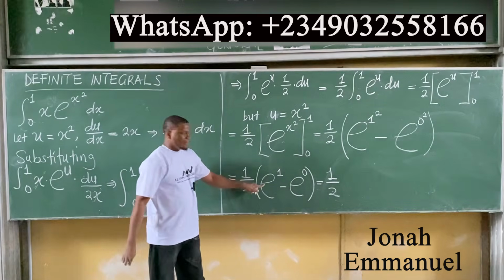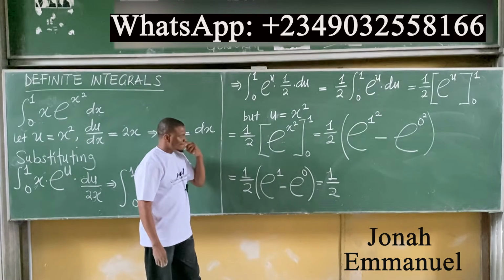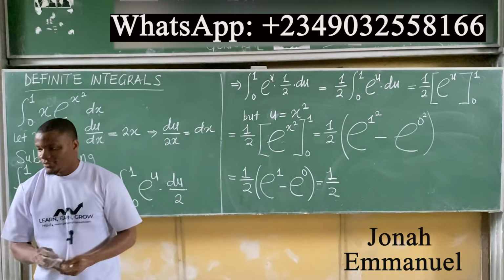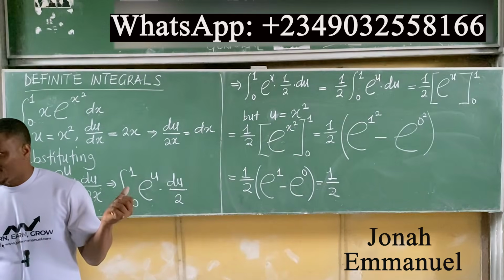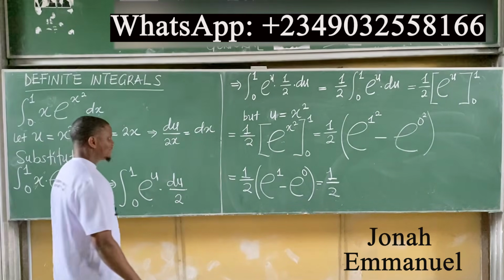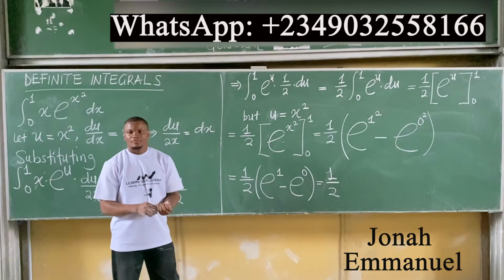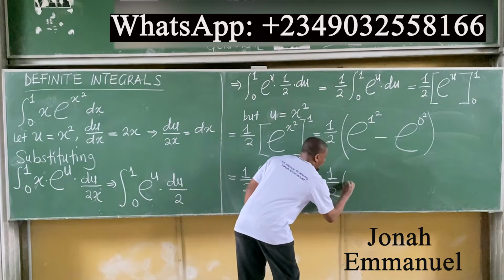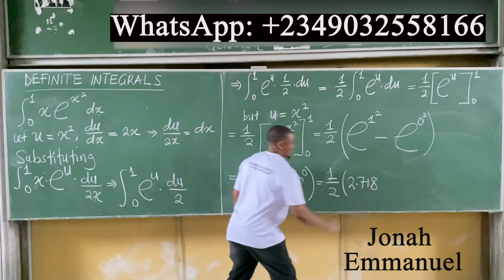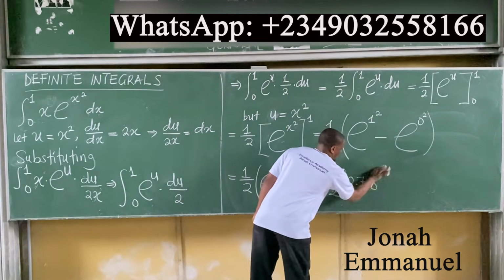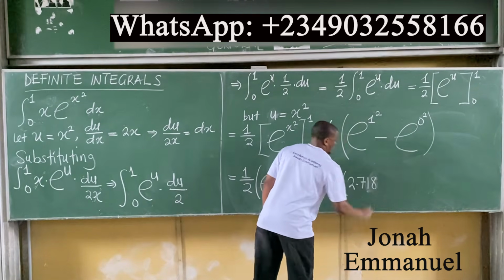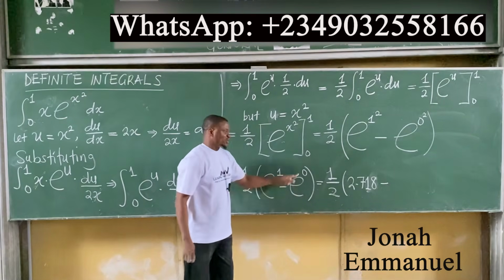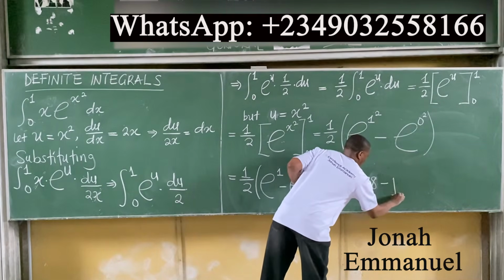This is equal to 1/2. Please punch in exponential 1. What do you have? Hope you can punch this. Give me 4 dp. 2.718. Okay, 2 dp, 2.718. Let's take this minus exponential 0, which is 1.